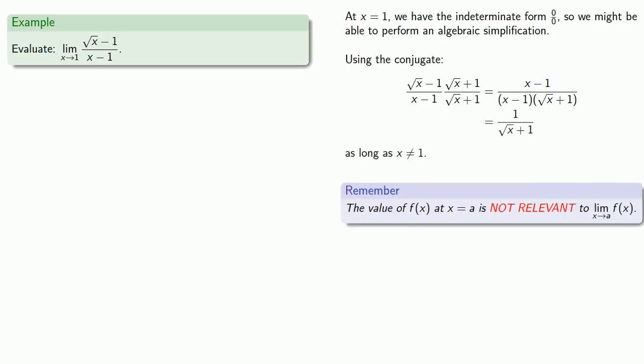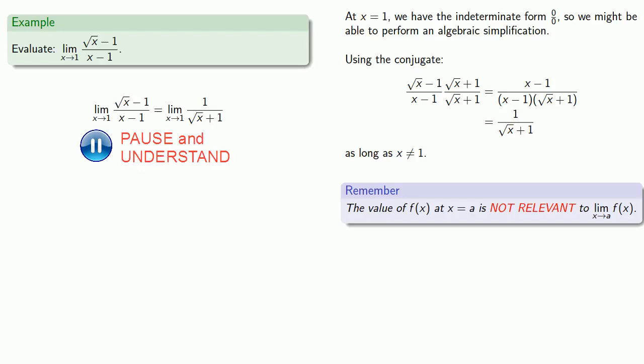But since the value of the function at the limiting point is not relevant to the value of the limit, then the limit of our original expression and the limit of our new expression are the same because the two expressions are the same everywhere except for at x equals 1. And so we can find the limit.